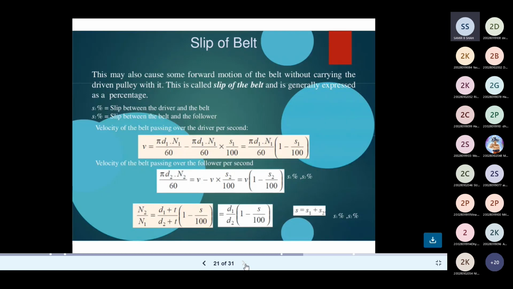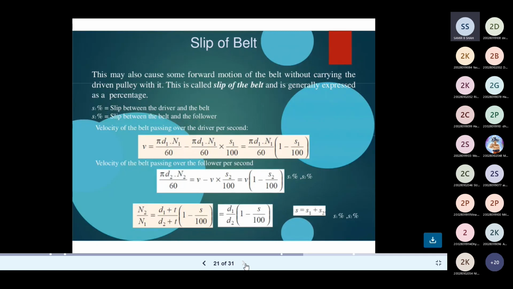Now, slip of the belt, a very important portion. Whenever we transmit the power through a belt drive, there is friction between the belt and pulleys. If the frictional grip between belt and pulley is not sufficient, then some forward motion of the pulley will take place.